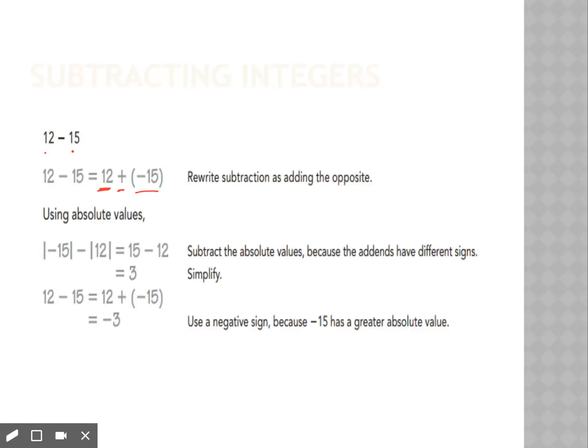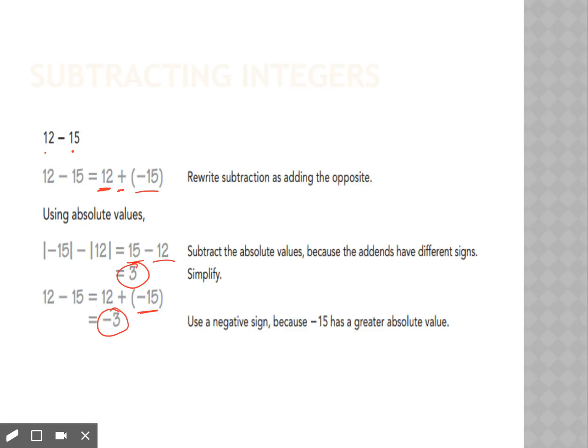And then you're just going to use the rules of addition that we learned in lesson 2.1. So we use the absolute values. 15 minus 12 is 3. And you look back at your original problem, which had the larger absolute value in the negative. So your answer is a -3.